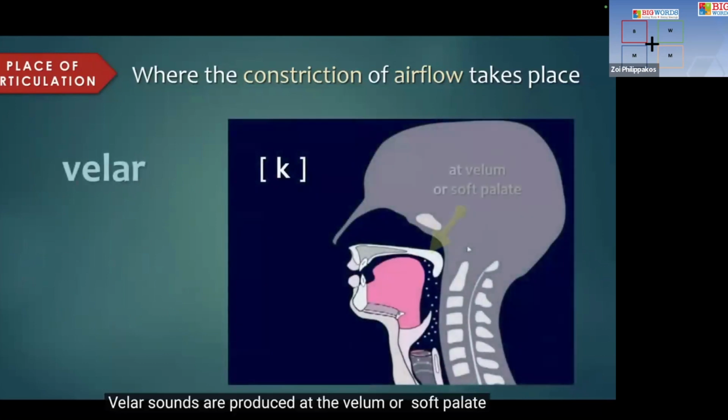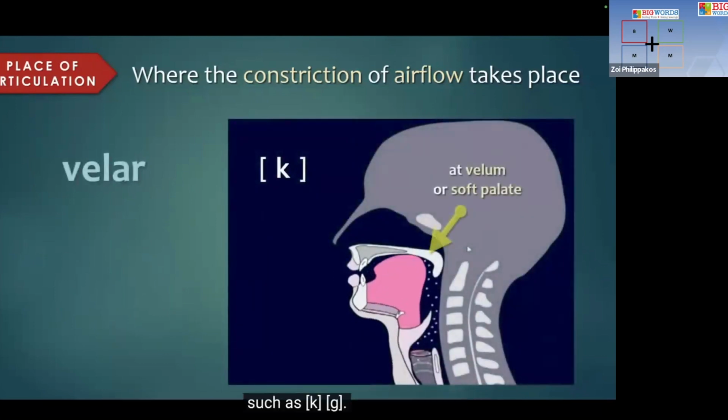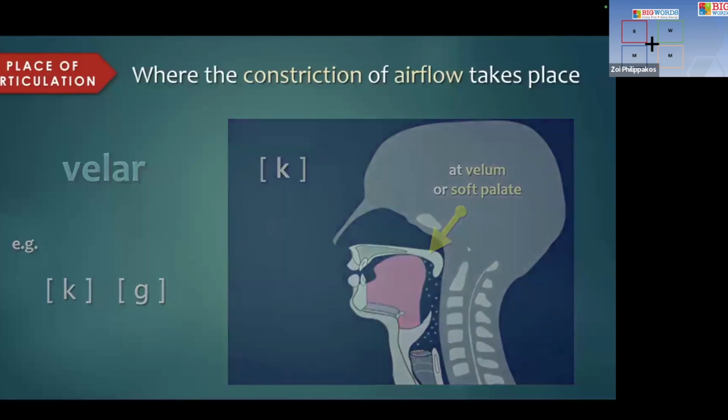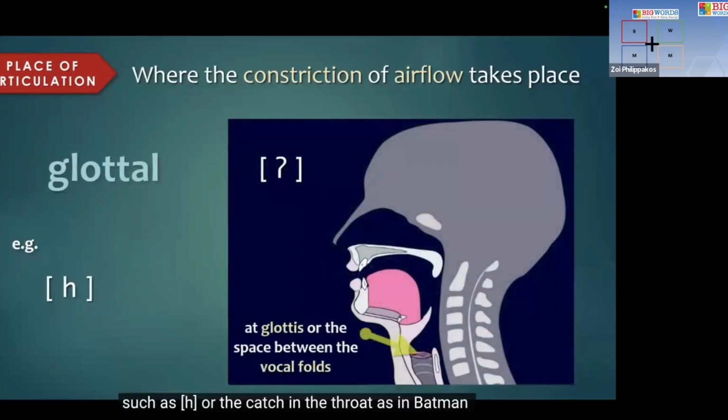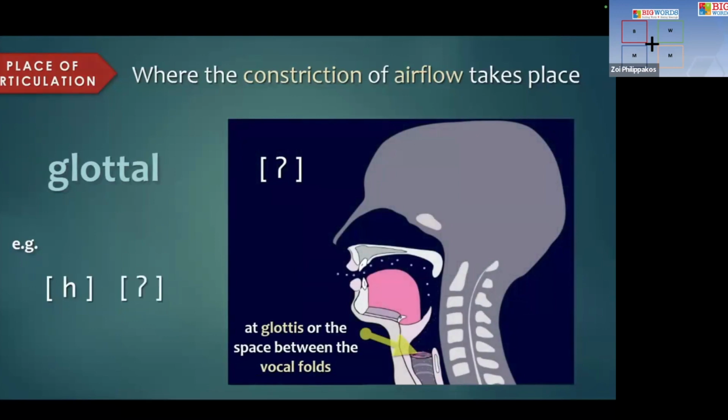Velar sounds are produced at the velum or soft palate, such as k, g. And glottal sounds are produced at the glottis or the space between the vocal folds, such as h, or the catch in the throat, as in Batman.